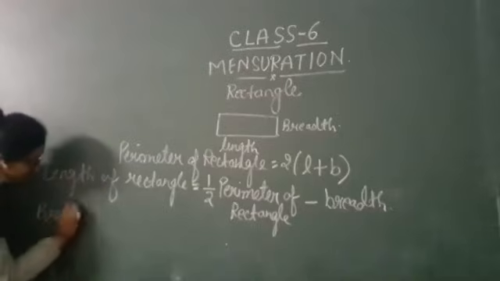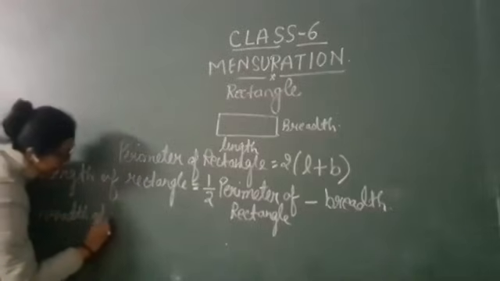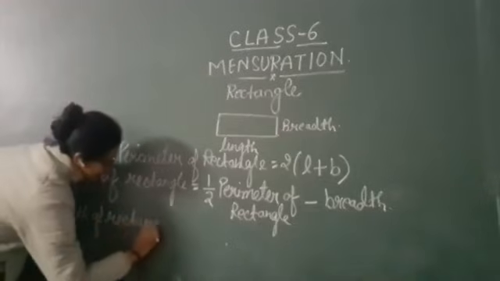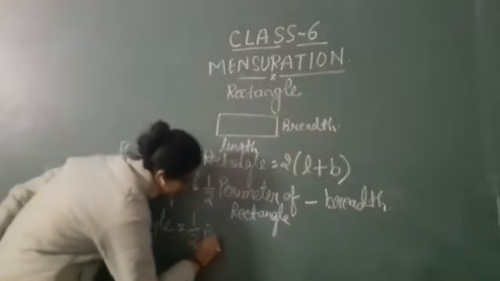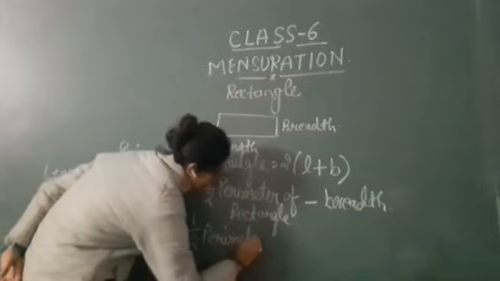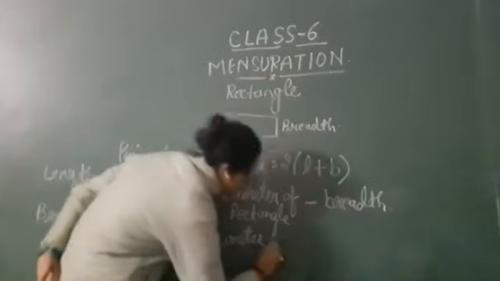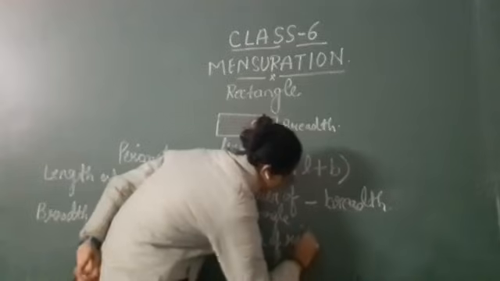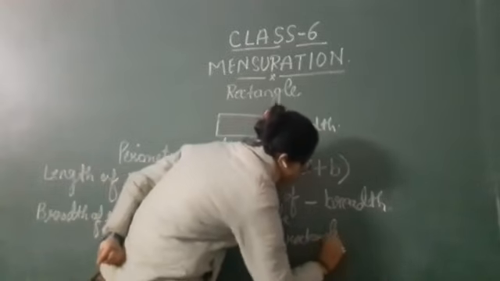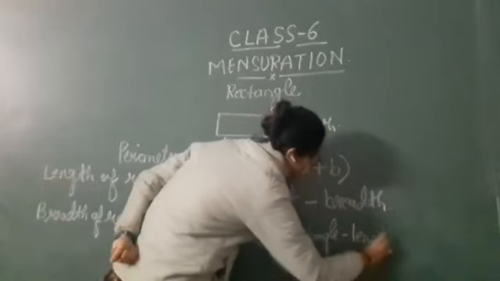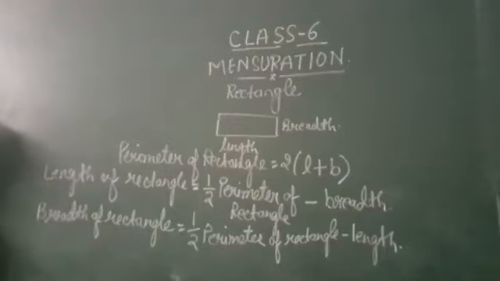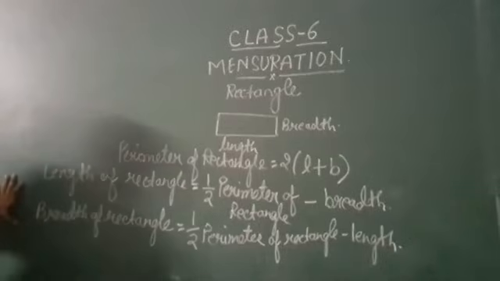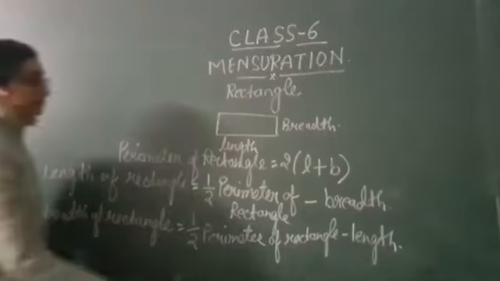Breadth of rectangle is equal to 1/2 perimeter of rectangle minus length. These are the formulas given. You have to note them down in your copies.